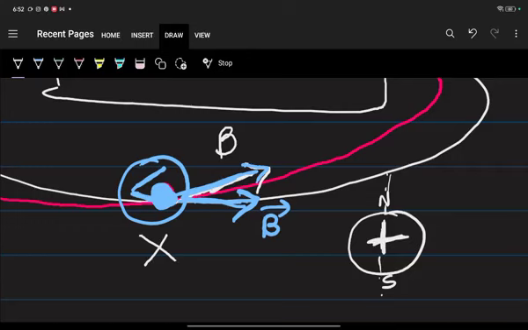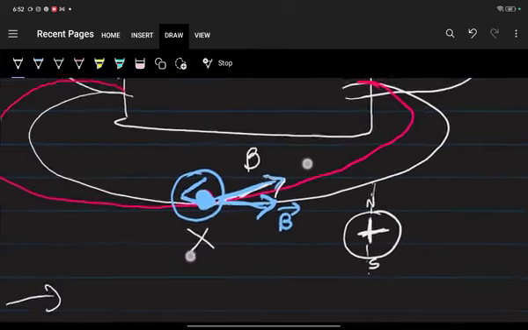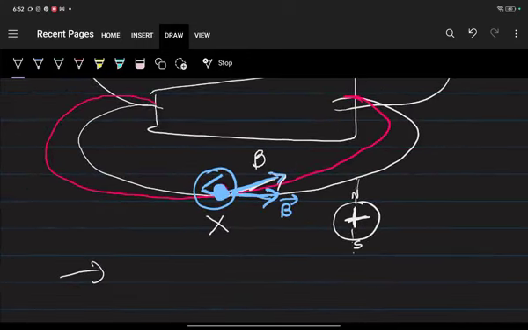So if the magnetic field lines cross each other, that means they are not magnetic field lines. Magnetic field lines never cross each other. If they do, that means at the point of intersection there are two directions, which is not possible.